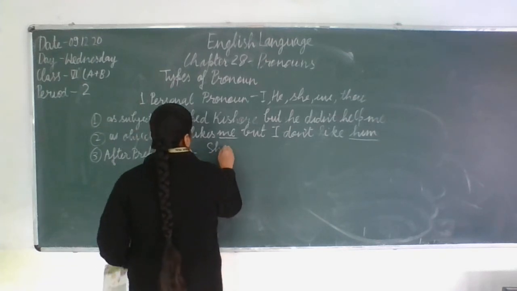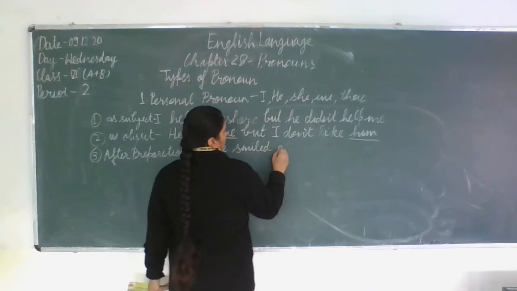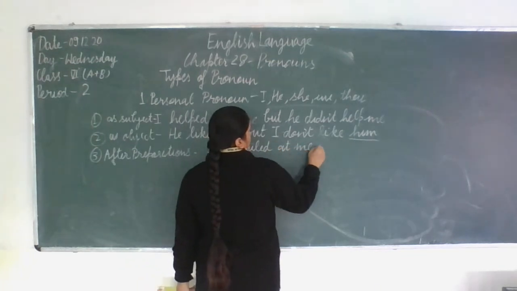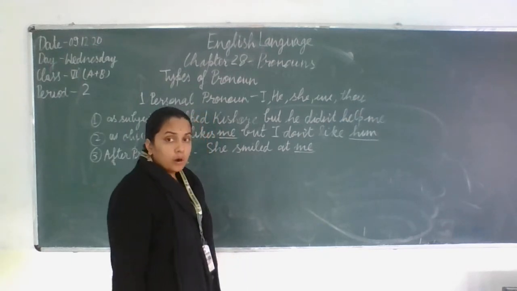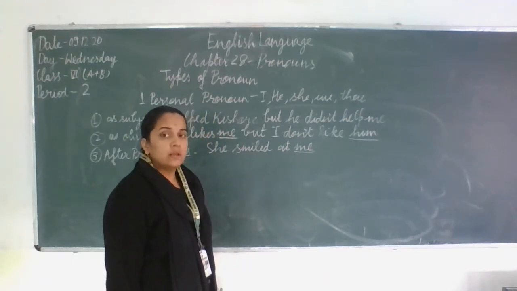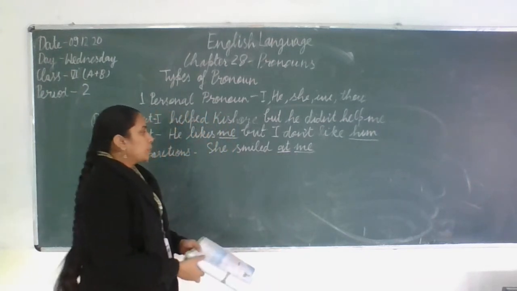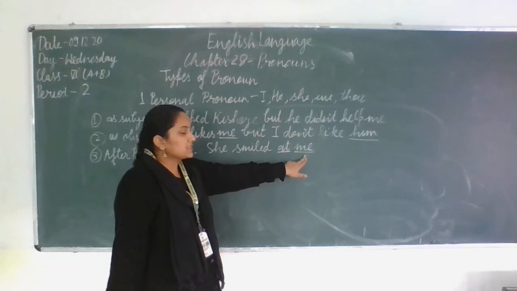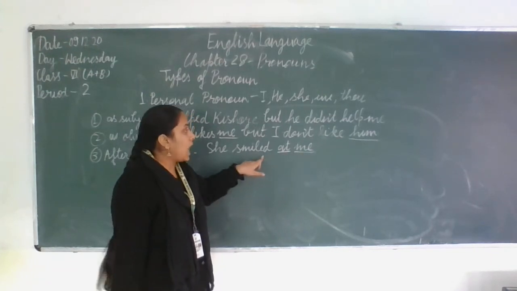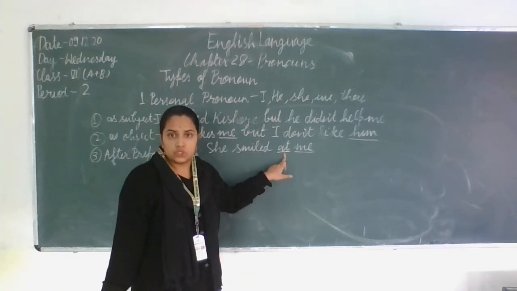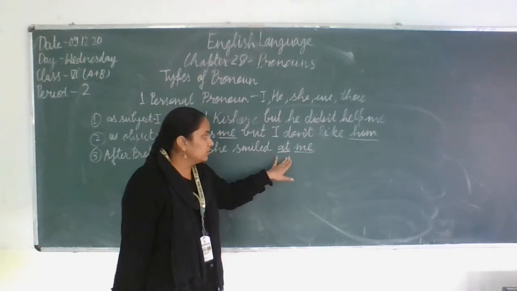He smiled at me. Now, me is the object personal pronoun, and at is the preposition. So here the object personal pronoun is used after the preposition. So this is one more way that we can use the pronoun.